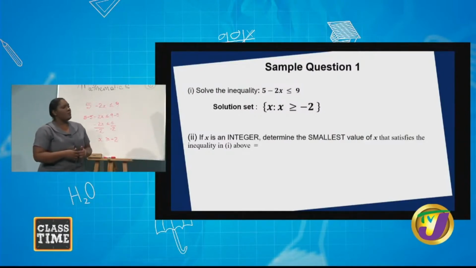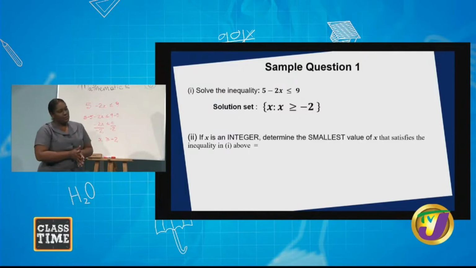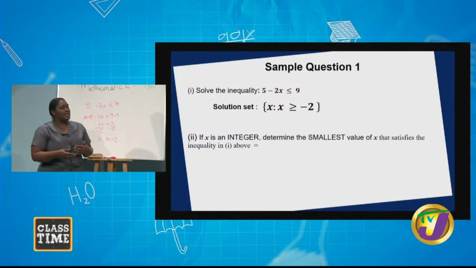We are now required to determine the smallest value of this solution set. If we were to list the solution set, we would include negative 2: negative 2, negative 1, 0, 1, 2, 3, 4, and so on. So the smallest value for this solution set would be negative 2.